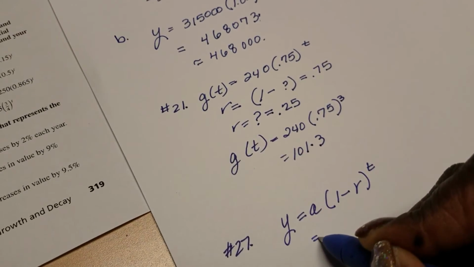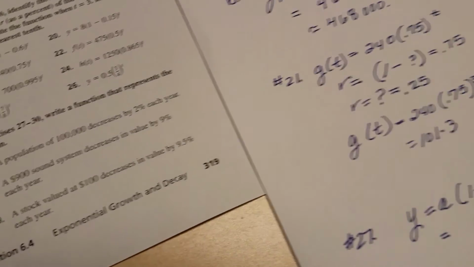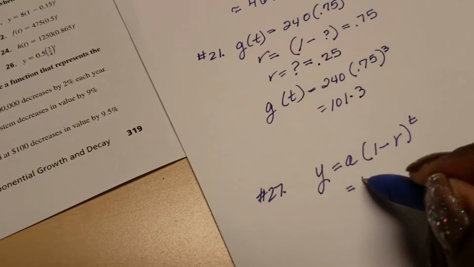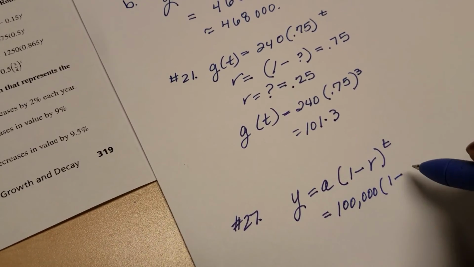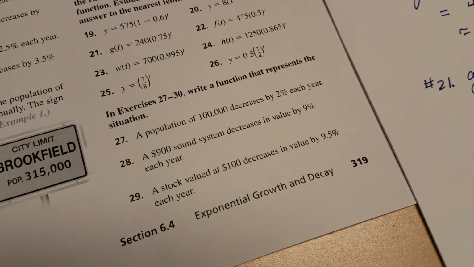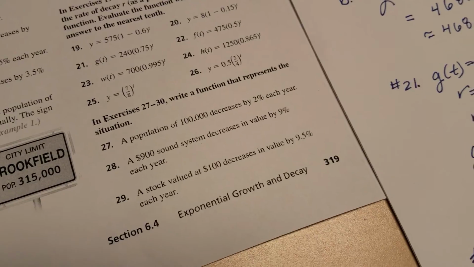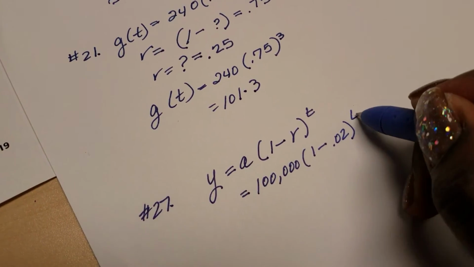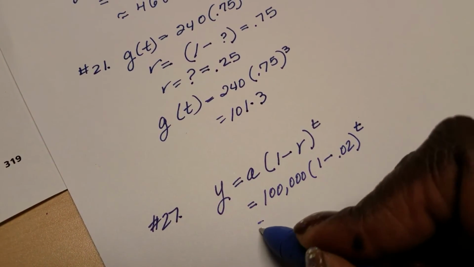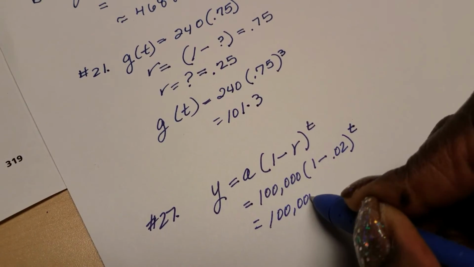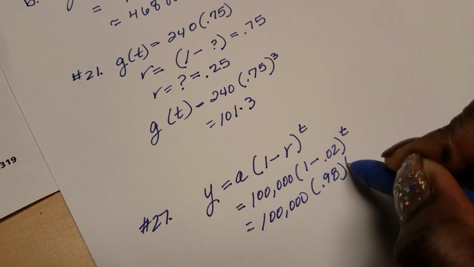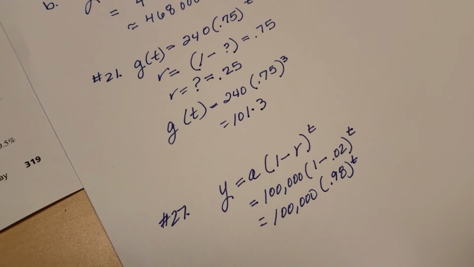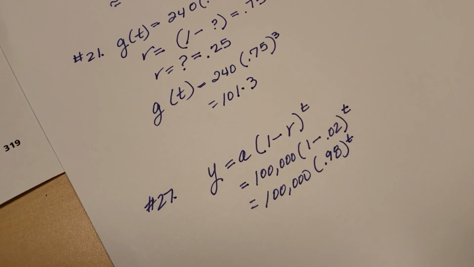We know what A is in this case. A is going to be 1,000, our initial amount. And it's going to be 1 minus R. What's R? 2%. 0.02 is what we're going to use to the T. Clean it up a little bit. And we're done. No need to evaluate.